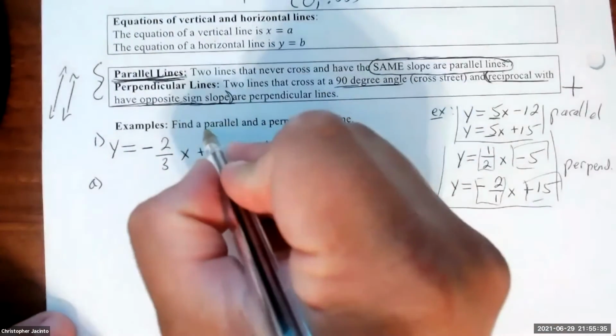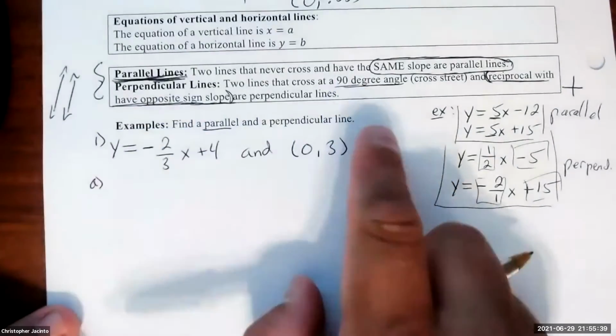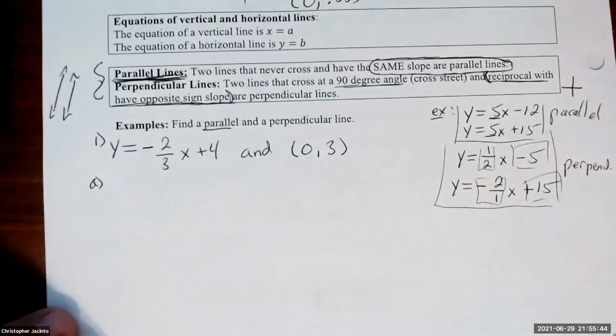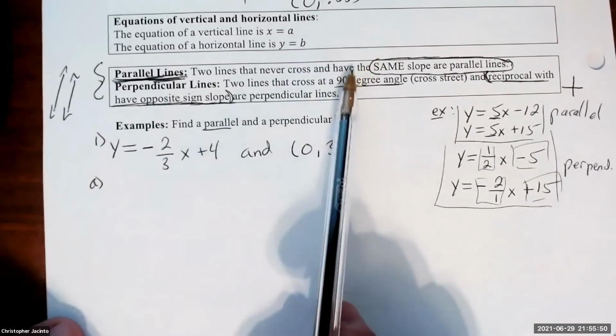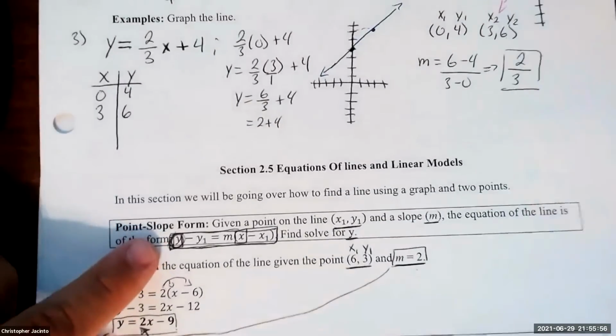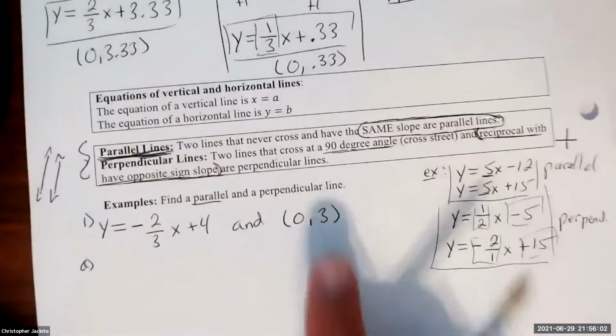Let's say for part A, we want to find a parallel line to this one going through that point. So remember, we want to find a line that's parallel to this. Well, if you go back over here, we need a couple things, right? In other words, we have to use this equation to find the line. So we need a point, which we have, and we need to find a slope. The point is given to us, which is right here.